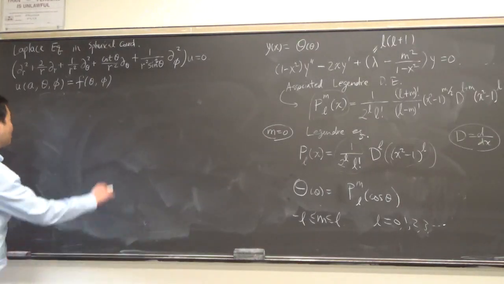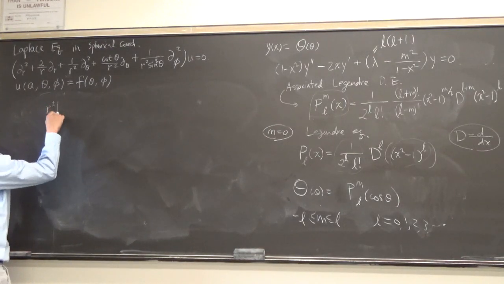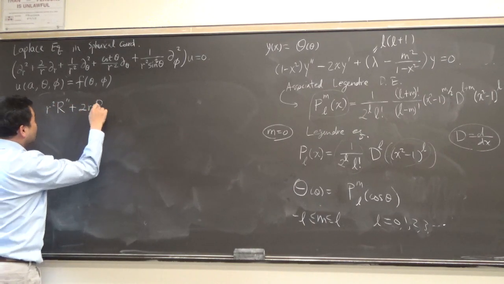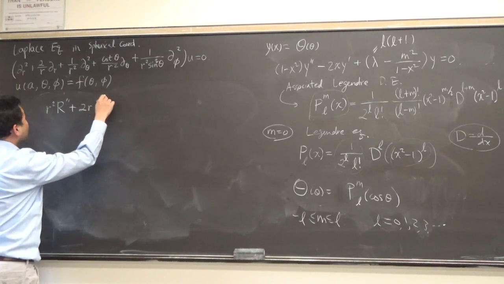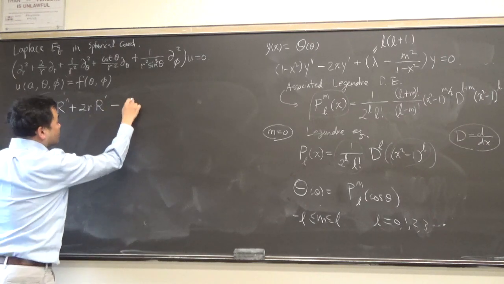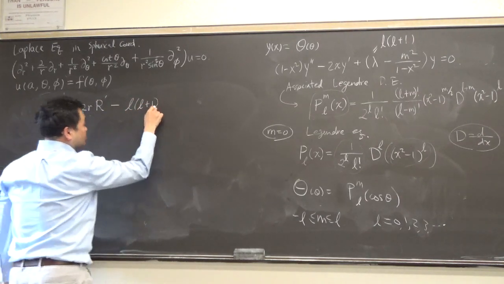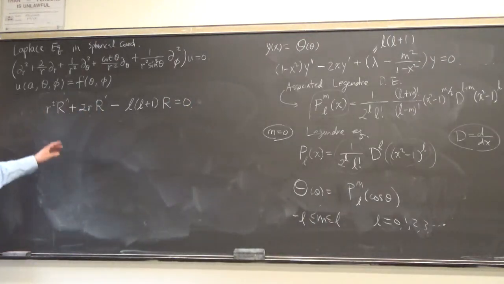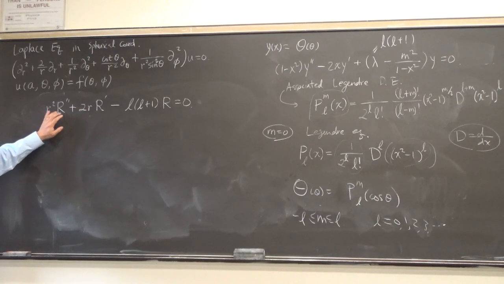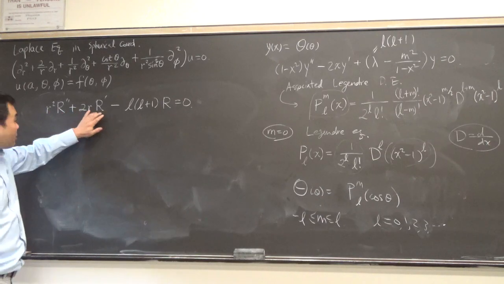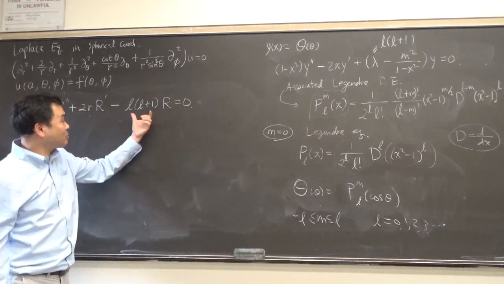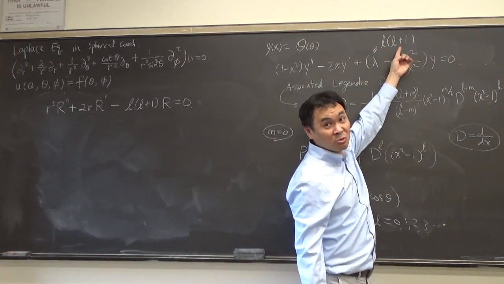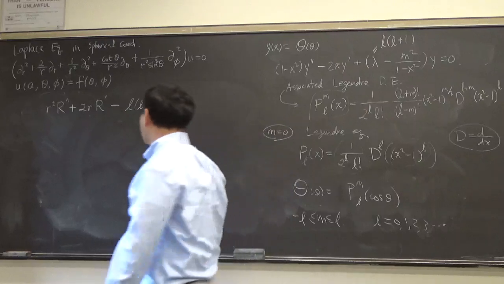Well, that's because we still have the equation for R. The equation for R was r squared R double prime plus 2r R prime minus lambda R, but because of lambda, we figured out the only time we get a physical solution is when you have L times L plus 1.